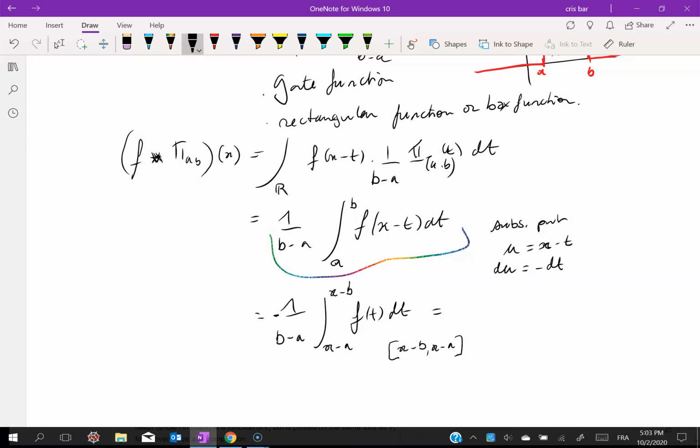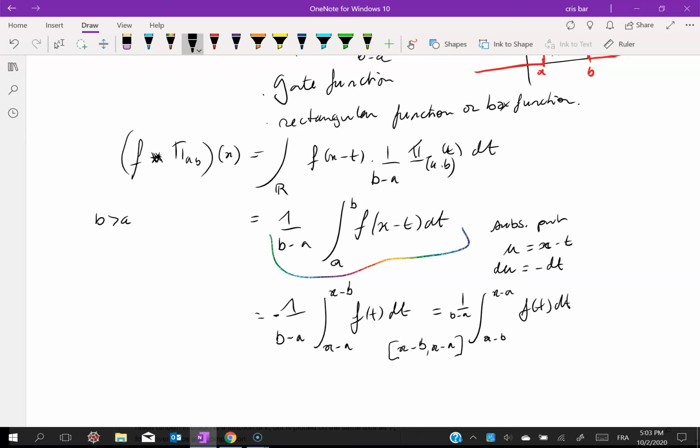We assumed that b was greater than a when we wrote the function first, so x minus b is smaller than x minus a. Now I can swap my bounds of integration, and that's just going to be 1 over b minus a, times the integral between x minus b and x minus a of f.